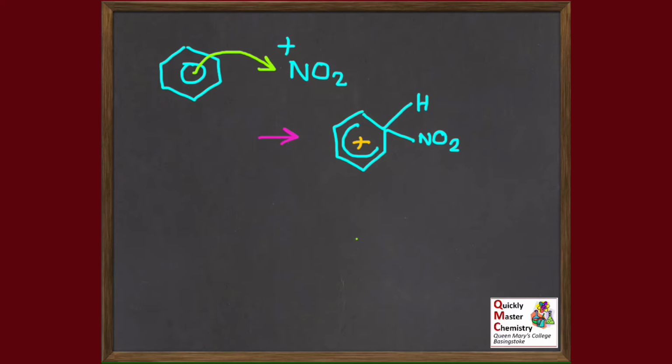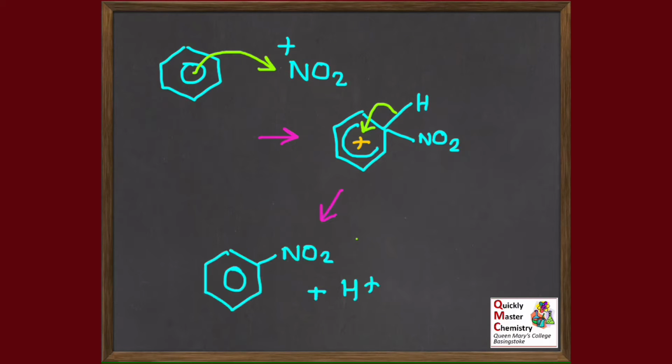The hydrogen I've drawn there was already there, just not drawn in the skeletal diagram, but we've put it on at this point to allow the next step to be drawn, which is then the H leaving and those electrons going back into the ring to restore the delocalized 6 pi electron system that the benzene ring has. And the H comes off as an H+, with the arrow heading away from it, making it positive.